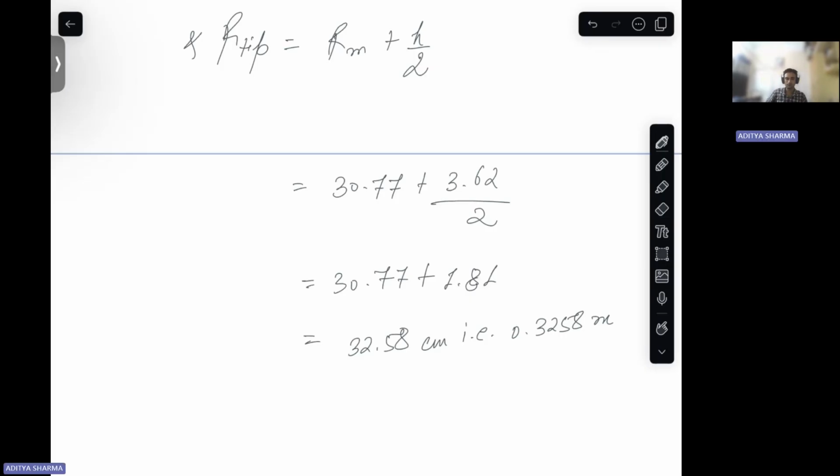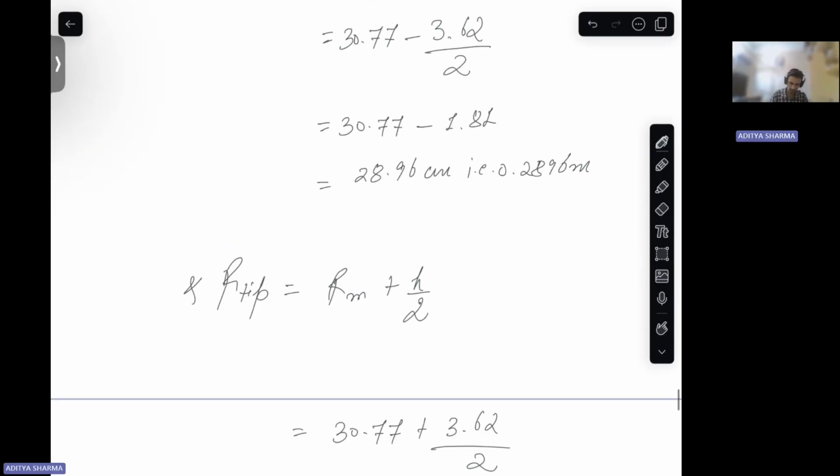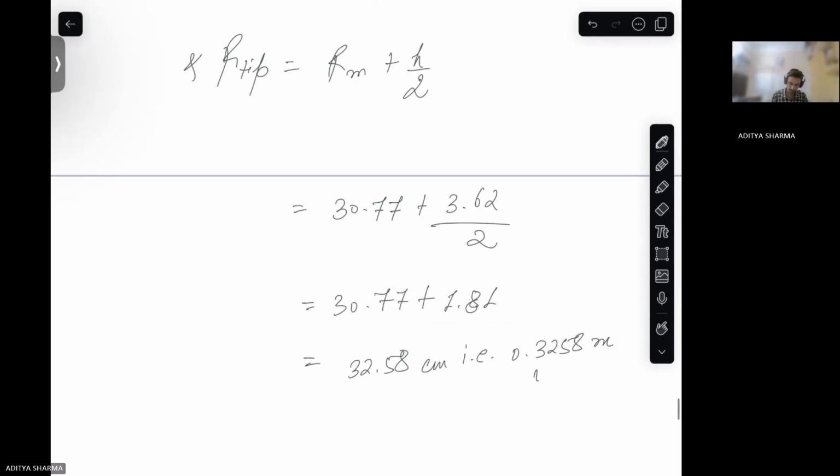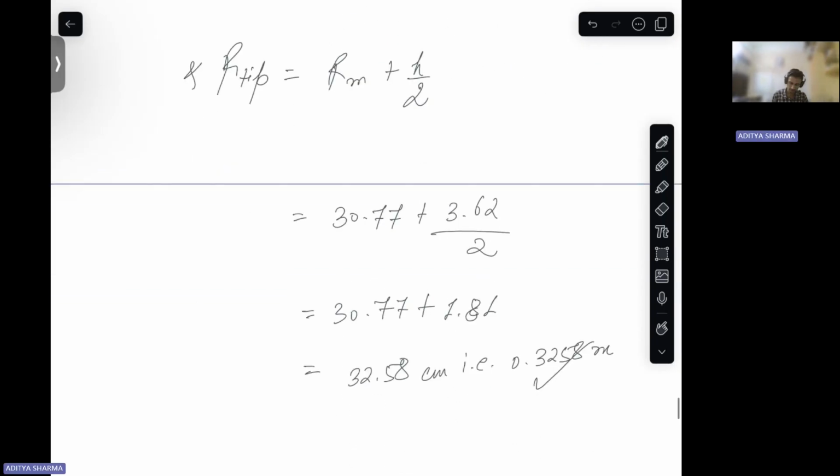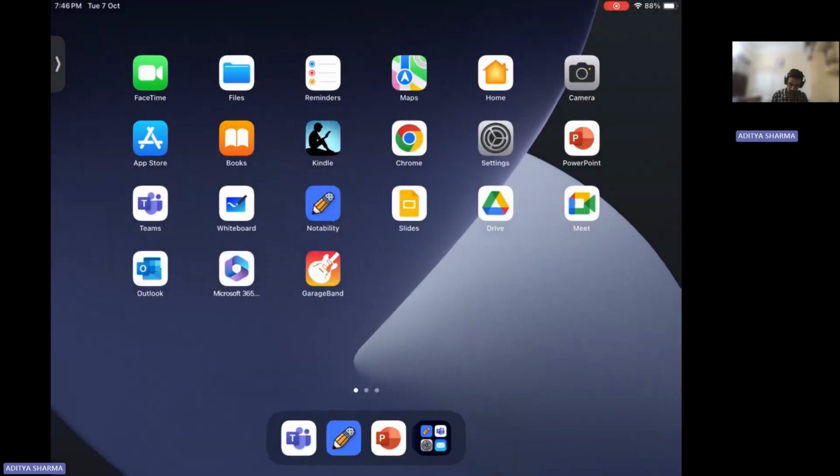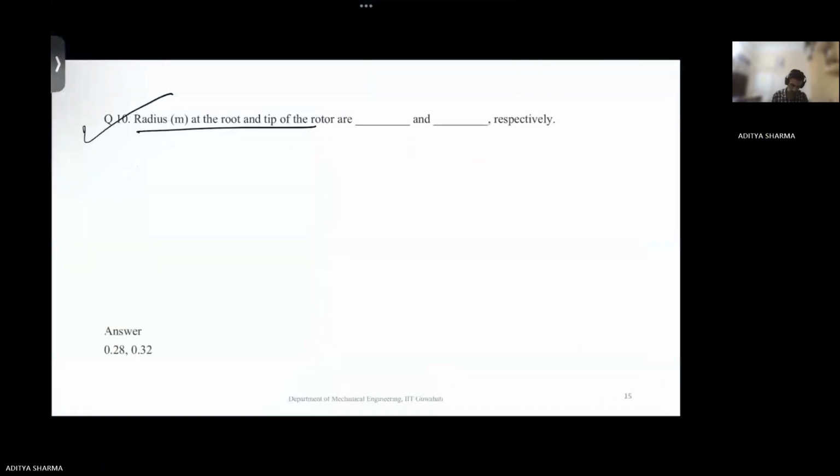So this is there. So radius is this and this, root and tip. So then if you see the results here, so these results are there. 0.22.